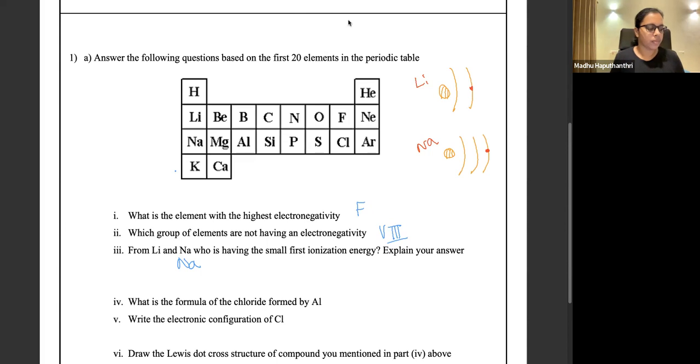Therefore, in sodium, the distance from the nucleus to the valence electron is high. Therefore, we can easily remove the electron.